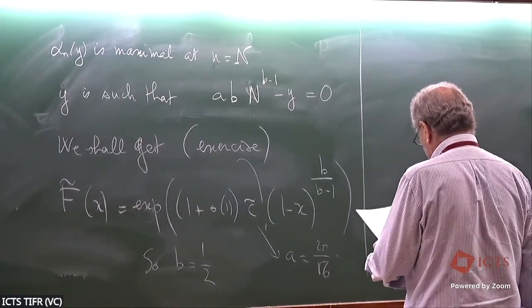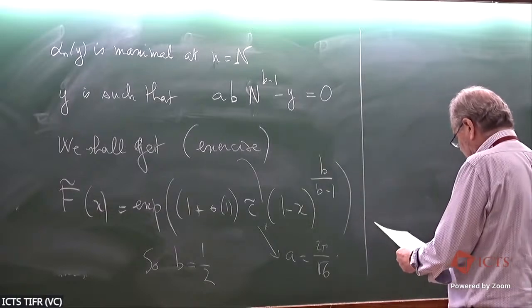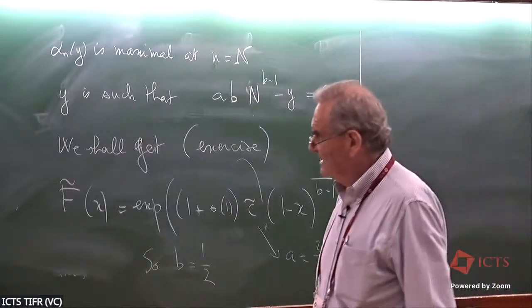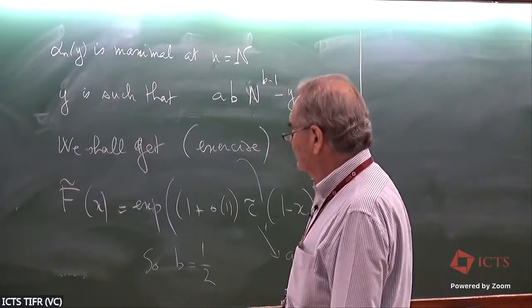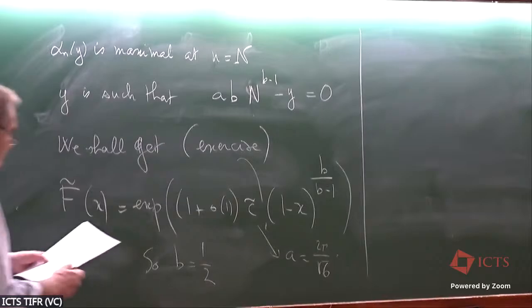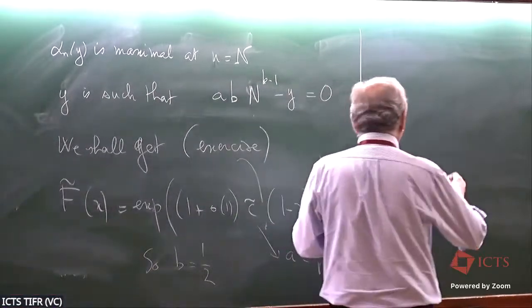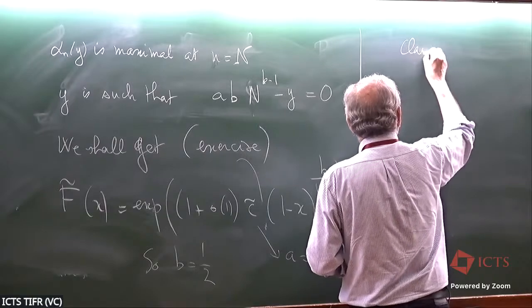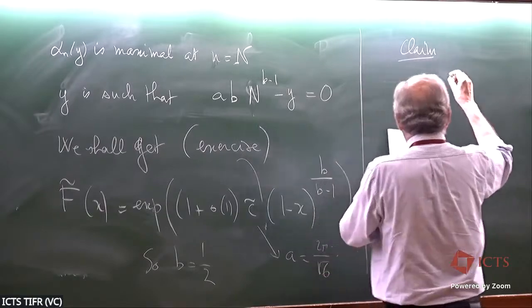So now with this, we can work a bit on P of n itself and show that log of P of n has the expected value. So now we claim, I will give you some idea.